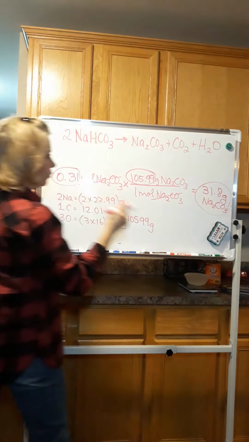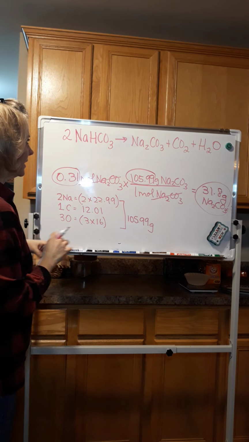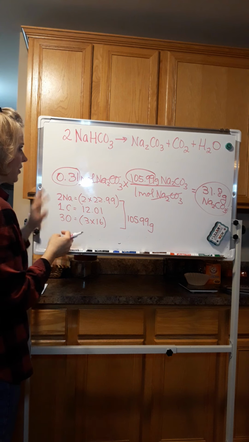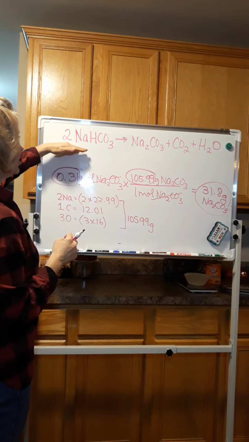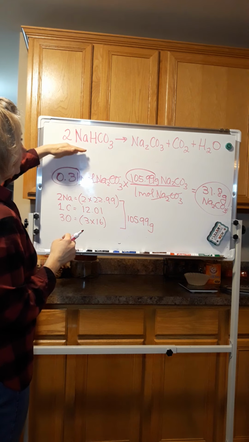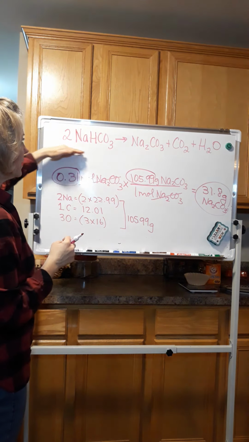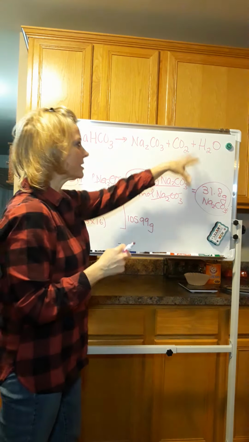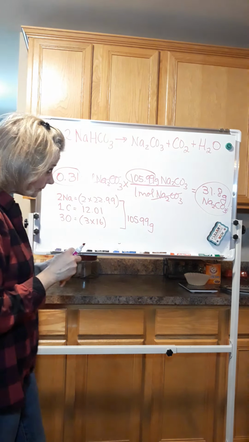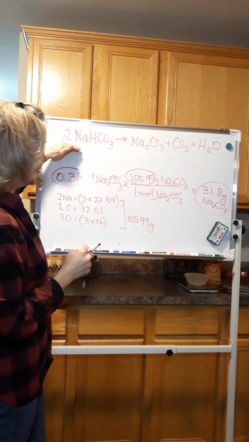So what in the world does all of this mean here? We've done a lot of calculations, and let's just go back and regroup. My equation says that 2 moles of baking soda, 2 moles of sodium bicarbonate will produce 1 mole of sodium carbonate plus carbon dioxide plus water. The problem is I don't have 2 moles of sodium bicarbonate.